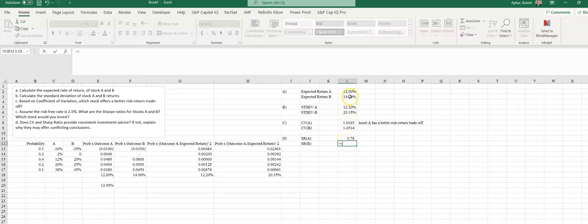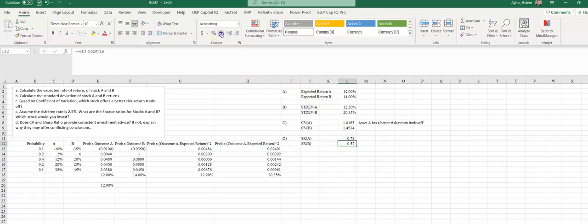We are going to take the 14% minus again 0.025 or 2.5% divided by the standard deviation of asset B. In this case, we have a lower Sharpe ratio. So the Sharpe ratio of asset B is 0.57. This means that for each 1% risk I'm taking, I'm earning 0.57% return.